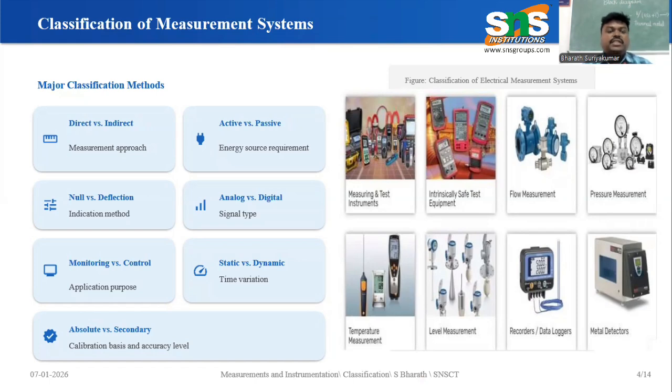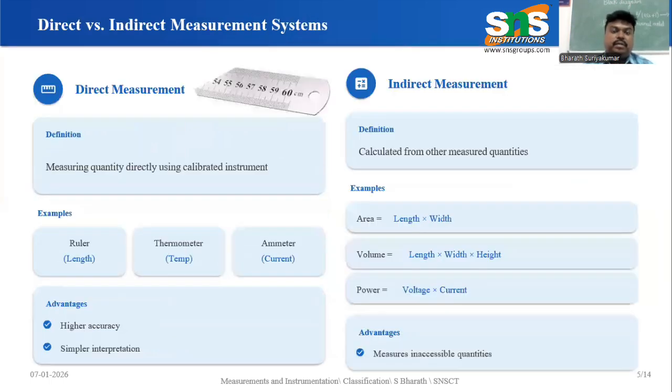The classifications involve direct and indirect measurements, passive and active elements, null and deflection type instruments, analog and digital instruments, monitoring and controlling instruments, indicating instruments, static and dynamic instruments, and absolute versus secondary instruments. The various types depend upon their characteristics.